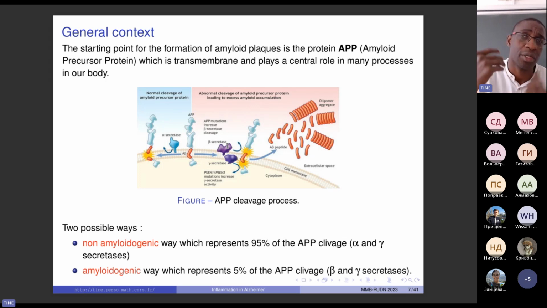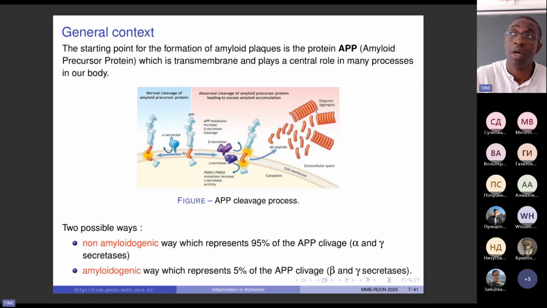When there is the association of beta secretase and gamma secretase, the released part is not at all dissolved. It has the ability to aggregate all the proteins like here and form what we call oligomers. The oligomers are not good for the neuron, because they are able to send a cytotoxic signal to the neuron and cause its death. So these oligomers are not good for our brain.